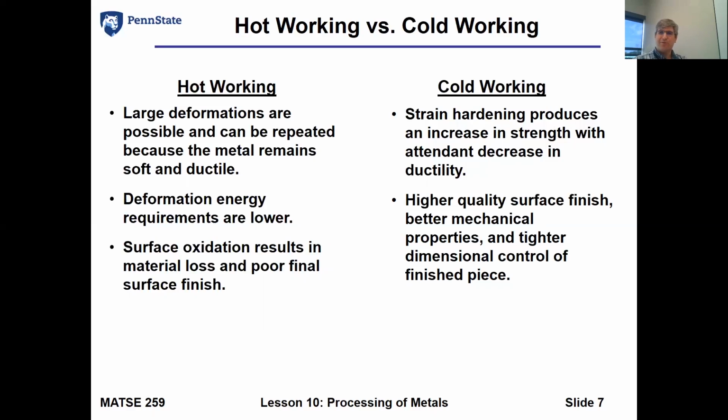The dislocations are going through recovery at the same time almost that they're being formed. So they're disappearing. And so the deformation energy requirements are lower, so you can use smaller presses if you operate at higher temperatures and be able to take that into account.